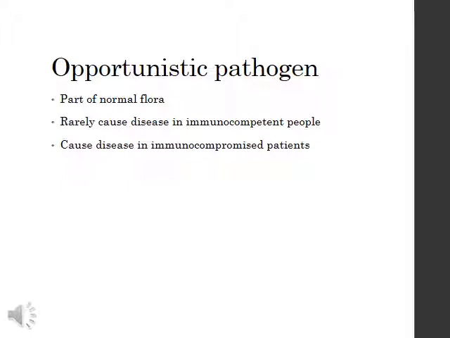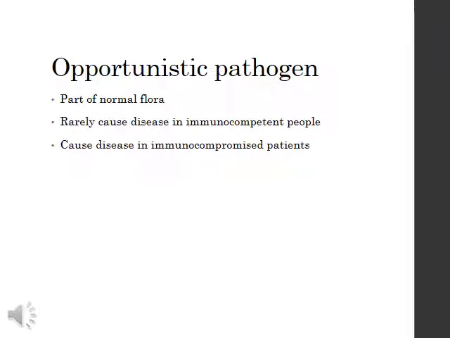So these are opportunistic pathogens. Normal flora rarely cause disease in competent people, those who have a competent or strong immune system. They are unable to cause disease in healthy persons, but they cause disease in immunocompromised patients.